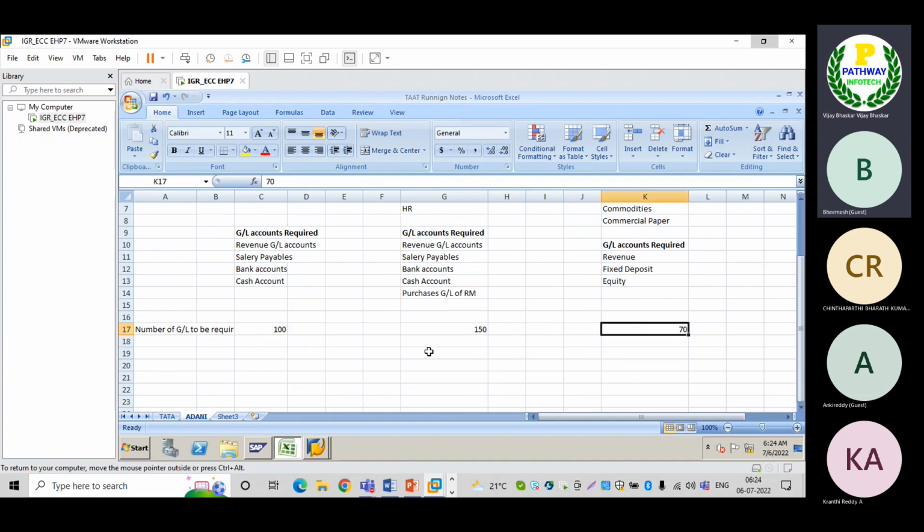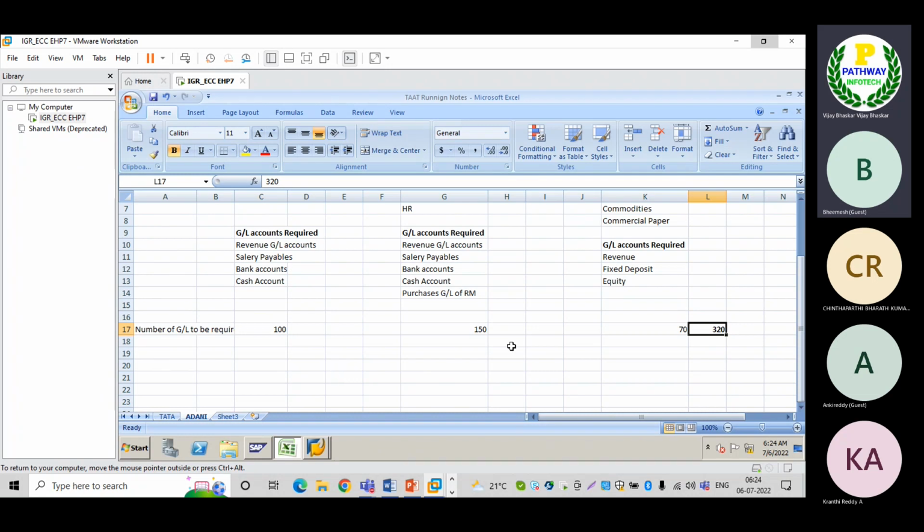Now how many GL accounts are required in total? The total count is 320 GL accounts, the consolidated count for all three legal entities. Let us assume 320 GL accounts organization-wide to run my business.